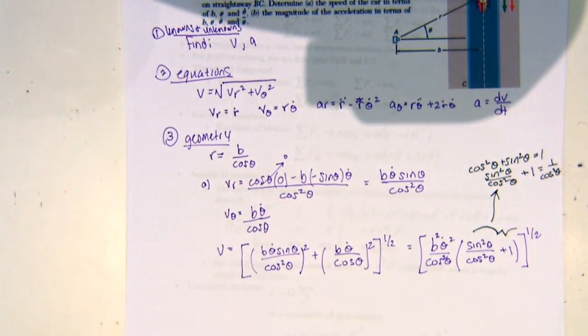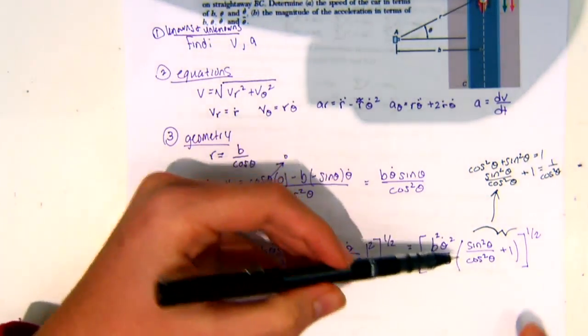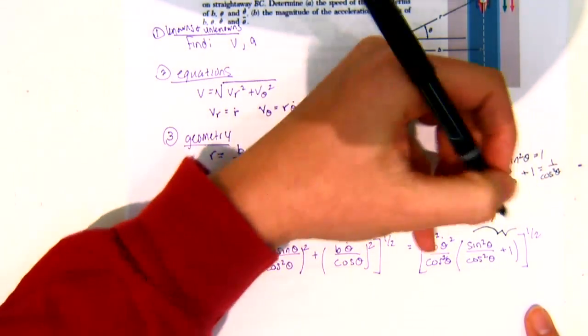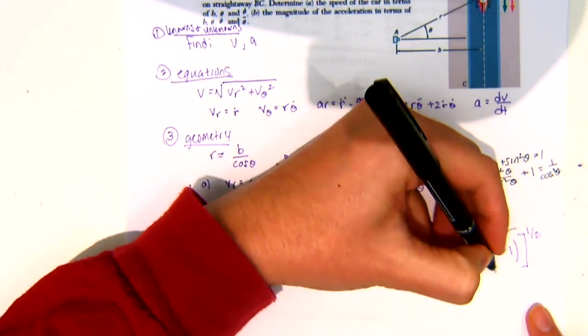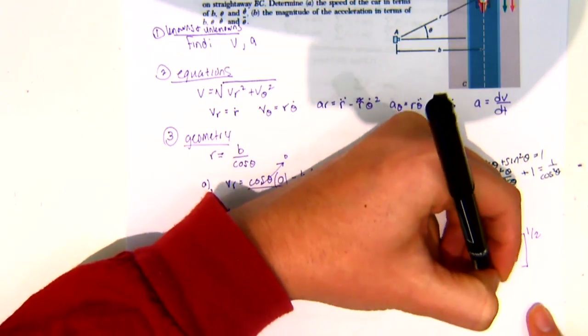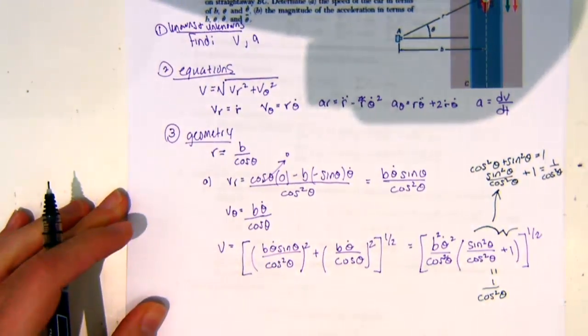Agreed? So I'm just simplifying. I can take this expression and plug in 1 over cosine squared theta.